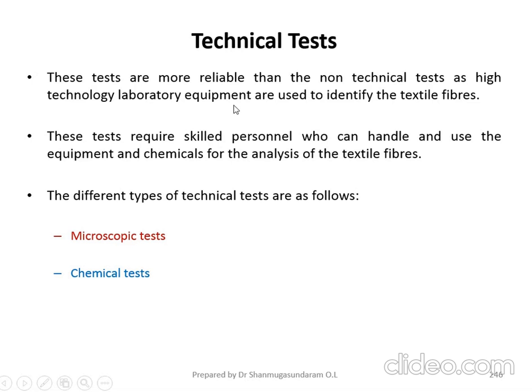You need some special equipment to do these tests. What type of equipment, I'll tell you in the forthcoming slides. And to some extent you have to use some chemicals for the analysis of textile fibers.